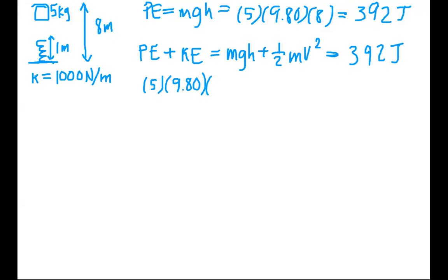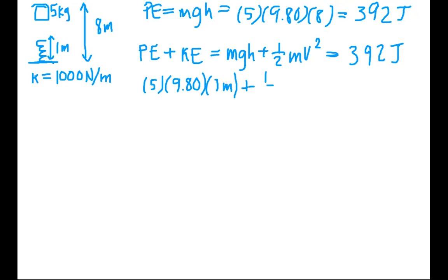Well, it would be the initial height minus the natural length of the spring. So it would be 8 minus 1. Or, no, it wouldn't be minus it. Sorry, I said that wrong. It would just be the natural length of the spring because it hasn't started to compress it yet. So it would just be 1 meter. Right. So when it first reaches the height of the spring, we know it'll be at 1 meter.